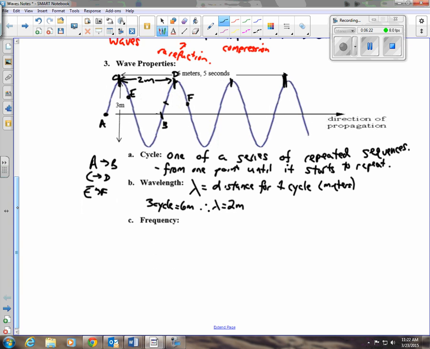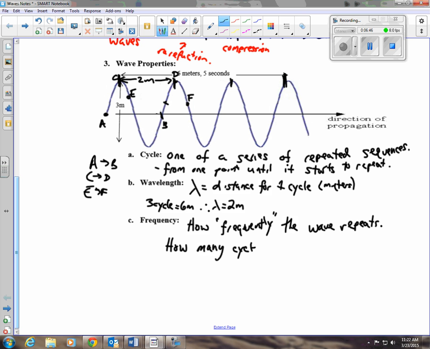Now the frequency is how frequently the wave repeats. Okay, that's the way I think of it, how frequently it repeats. And it's going to be how many times, how many cycles in 1 second. So frequency in cycles per second.